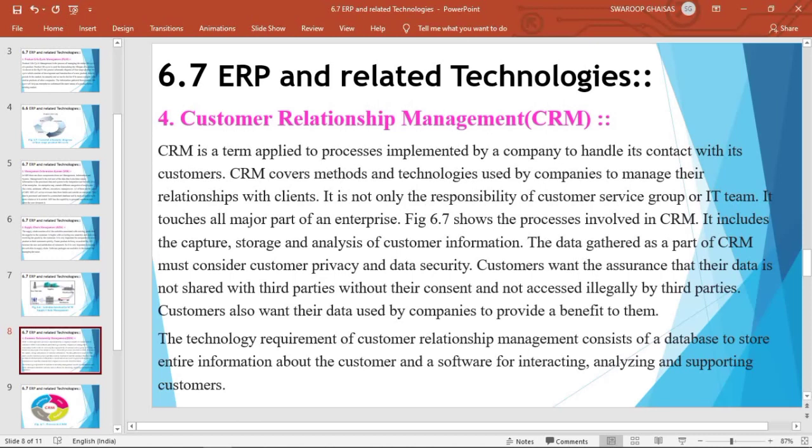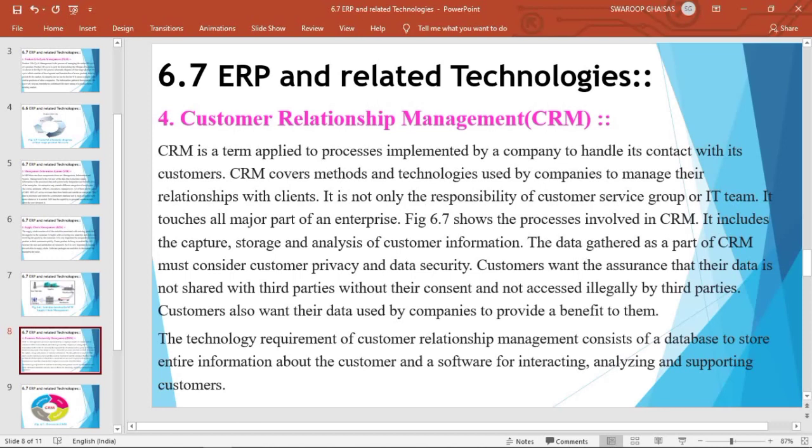Data gathered as a part of CRM must consider customer privacy and data security. While taking feedback, some of the details of the customer may be taken, and those data should not get tampered with, and should not get sent to any third party without the consent of that customer, so that privacy and data security will be maintained, that is, the customer's data will be secure.